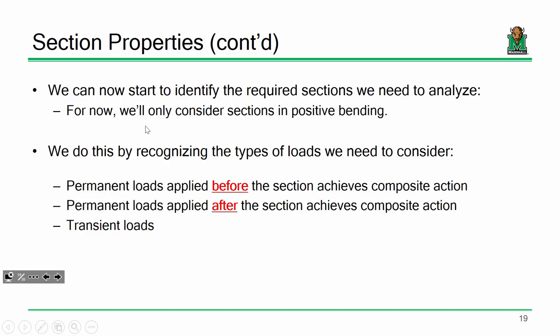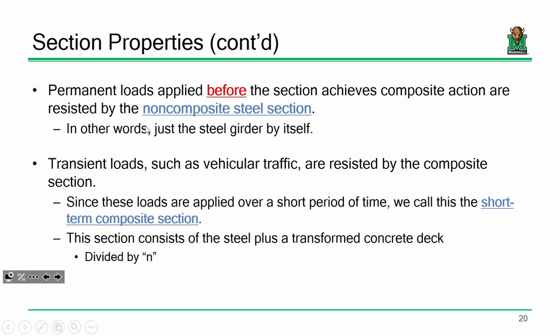So what do I mean by after the deck cures? I mean things like concrete jersey barriers or overlays or future wearing surfaces. There are loads that are applied after the deck is cured, but there's obviously a significant number of loads that are applied before the deck cures. So I'm splitting that up into three categories, including the transient loads.